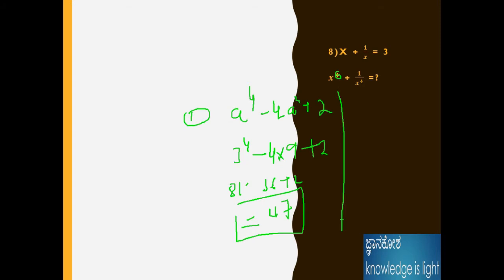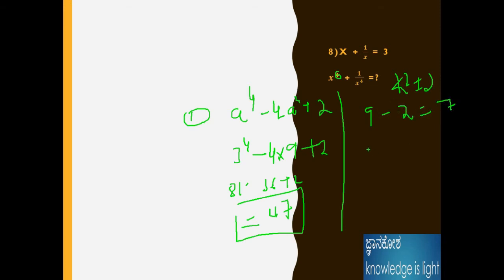Okay, or else, since the power 4 is there, we need to do it twice. Twice means, already we know 3 square is 9, and the formula k square plus or minus 2. We need to do two operations; here the power is 4, that's why 9 minus 2 is 7.